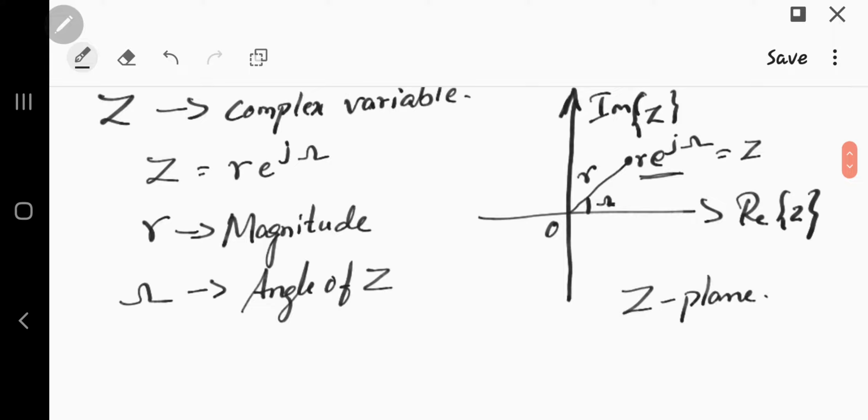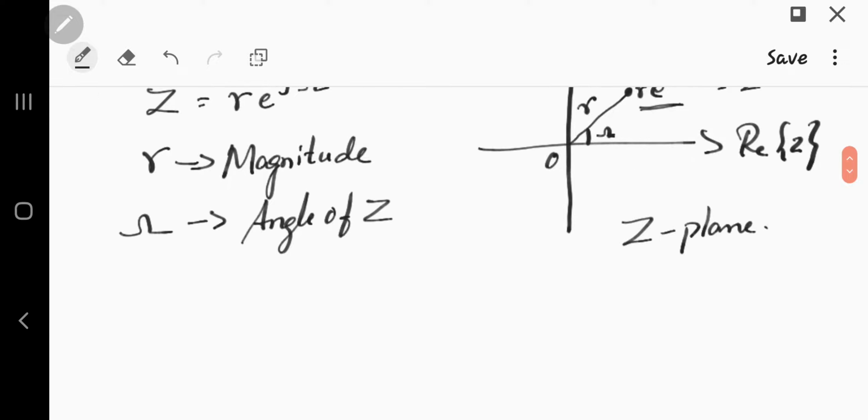If this point is the value of z, that is r e power j omega, r is the distance from the origin to this point, and the angle created is omega, the angle of z.